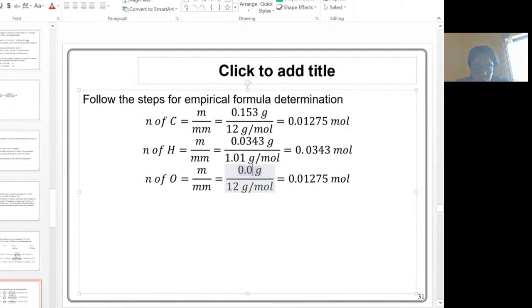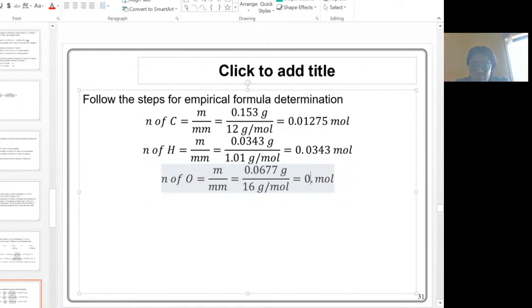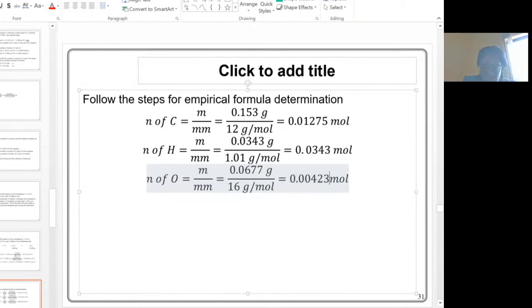So 0.0677 over 16, which is the molar mass of oxygen, and the moles will be 0.0677 divided by 16. You get 0.0042423. Okay.